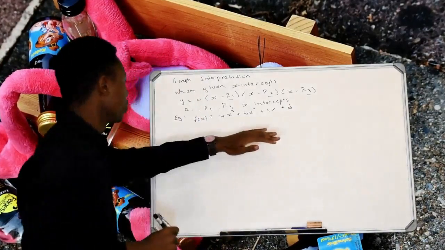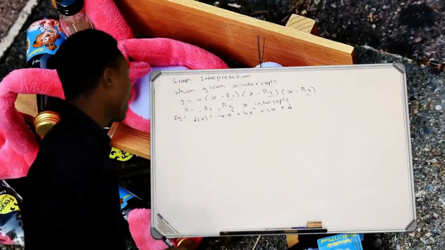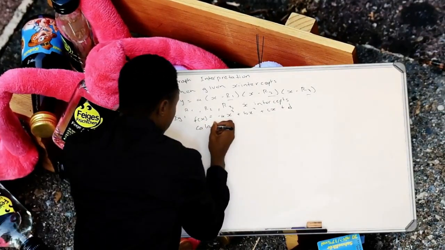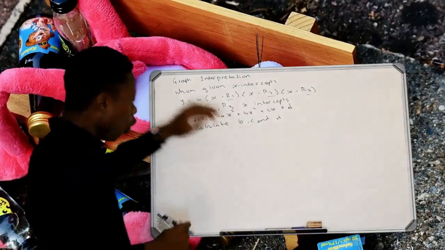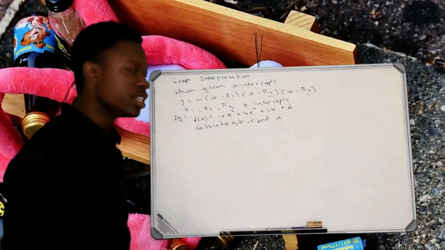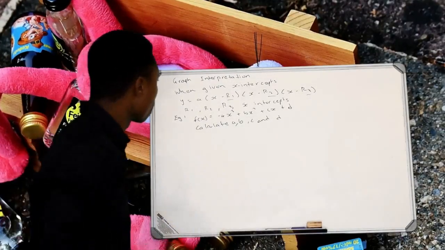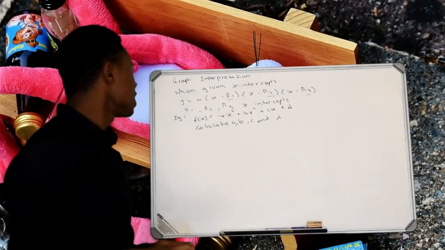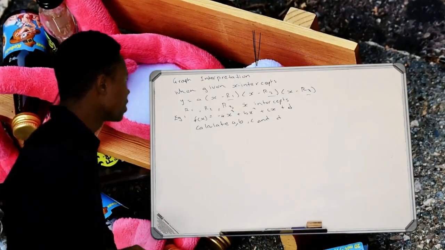So this is my equation. This is my example. It says find b, c, and d, right? So calculate a, b, c, and d, right? So how do I do that? How do I find A, B, C, and D, right?